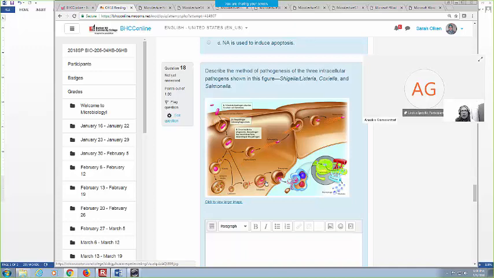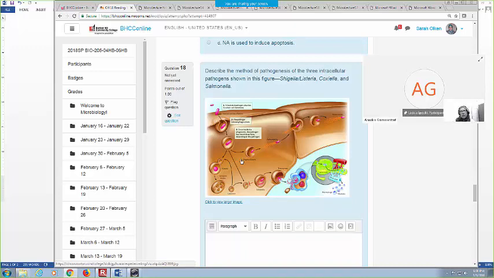But for the Salmonella and the Shigella, or the Listeria, I already mentioned the Shigella and the Listeria. For the Salmonella, it gets engulfed by a macrophage, which then travels via the lymph to a draining lymph node. And that's how the Salmonella will get disseminated in the body by the bloodstream.